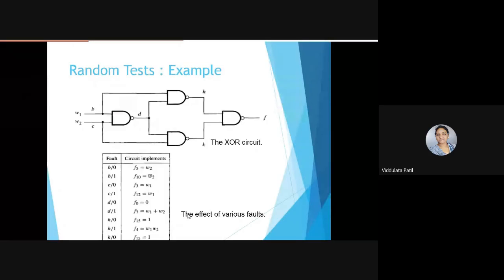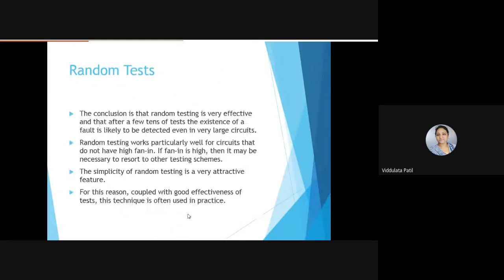Okay, so here we can conclude that random testing is effective, and after a certain number of tests, the existence of a fault is likely to be detected even in a very large circuit. That means we have considered here a very small circuit, but if we have more input terminals, that means more wires in the circuitry, then with more tests we can find out whether there is a fault or not in the circuit.